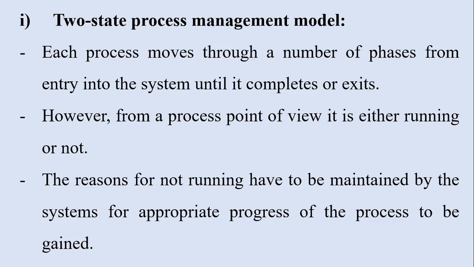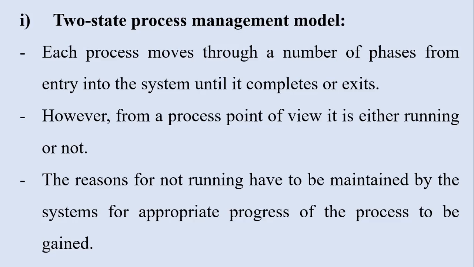Let's commence by looking at what we call the two-state process management model. In this model, each process moves through two phases. The first phase is running, and the second phase is not running.